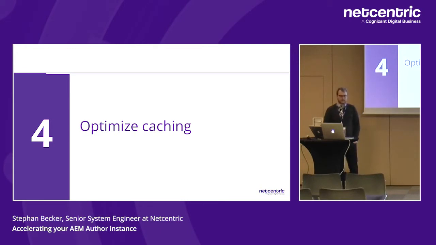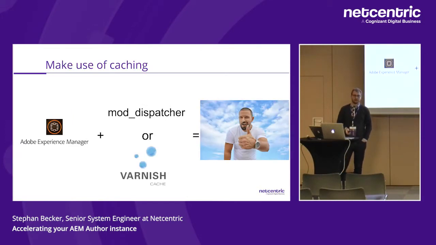So something we don't do too much on the authoring side is quite often the caching. And we do usually have a dispatcher in front, or actually a Varnish. But in many cases, it's not used as much as we could.